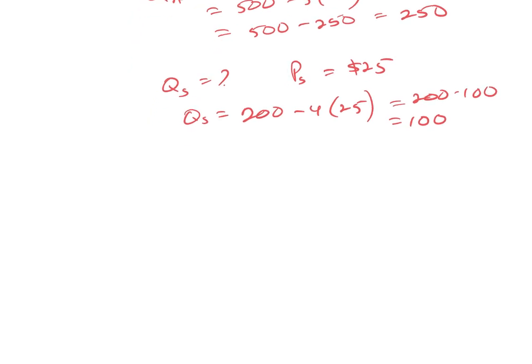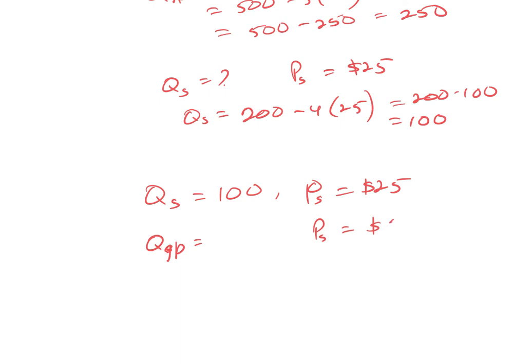So what we have established is that students should be charged a price of $25, and at that price they will demand 100 tickets, and general public should be charged a price of $50, and at that price they will demand 250 tickets.